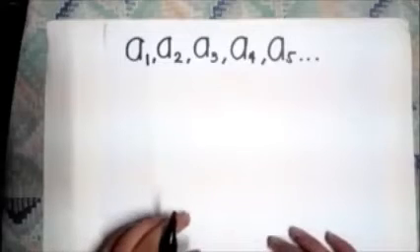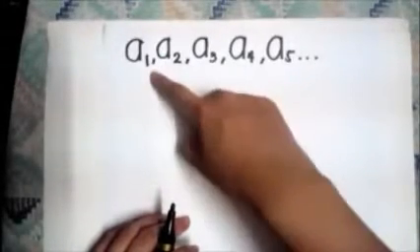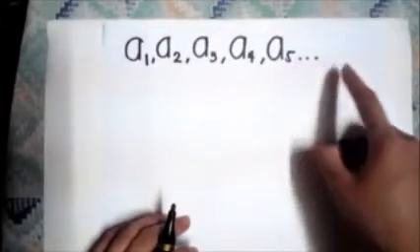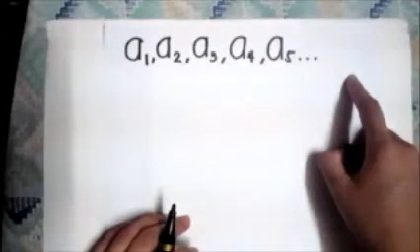The terms in the sequence are often denoted with a variable and a subscript, like a sub 1, a sub 2, a sub 3, a sub 4, a sub 5, and so on. All of the terms in a given sequence are written with the same variable and increasing subscripts.